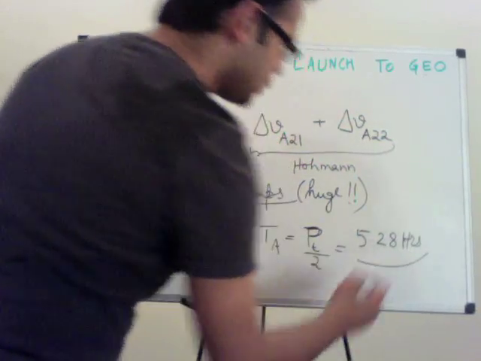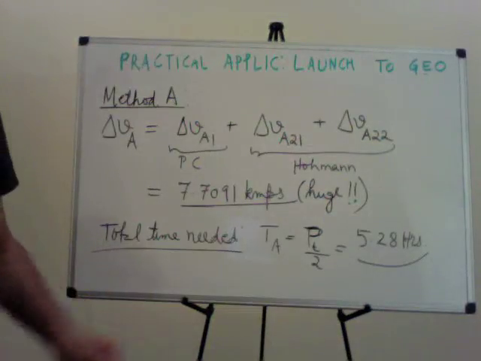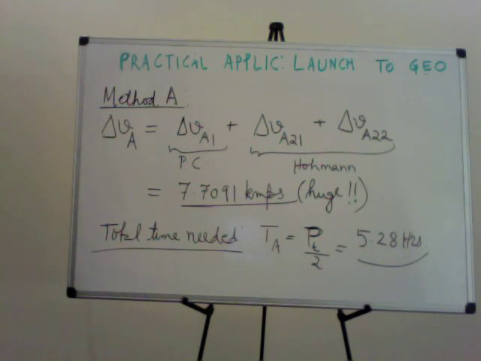And then I'm going to say quickly that this is incorrect. And why is that? Why do you think that this time needed is incorrect? The reason is that even though the impulse involved in plane change does not take any time, you have to do some waiting.